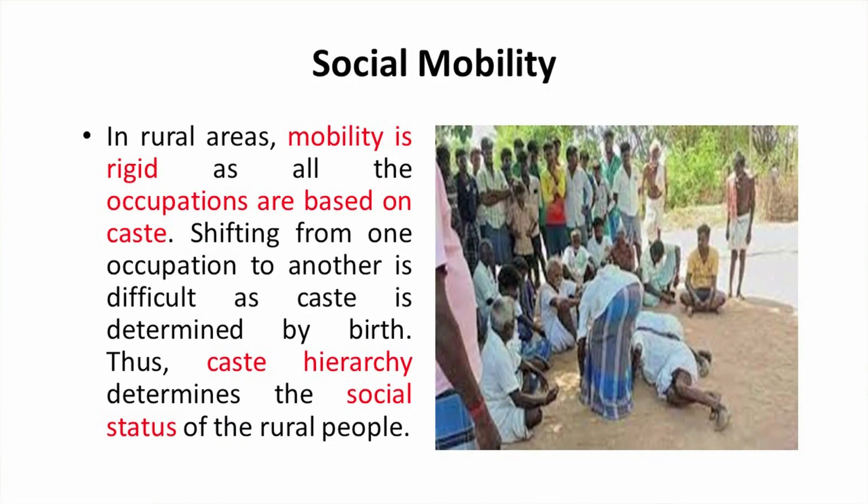Then social mobility is another feature of the rural community. Basically, social mobility is somewhat negative in comparison with modern society or urban civilization. In the rural areas, mobility is rigid as all the occupations are based on the caste system.